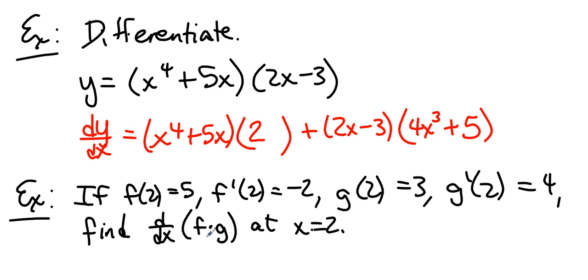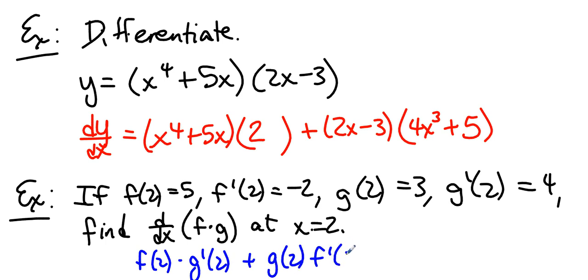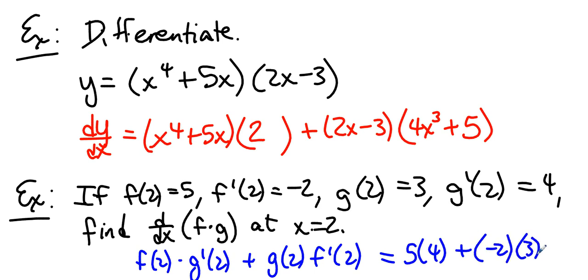We're looking for the derivative of f times g. That's f g prime plus g f prime, and that's 5 times 4 plus negative 2 times 3, and that's 14. Product rule questions go like that.